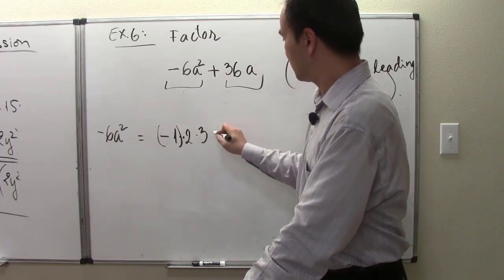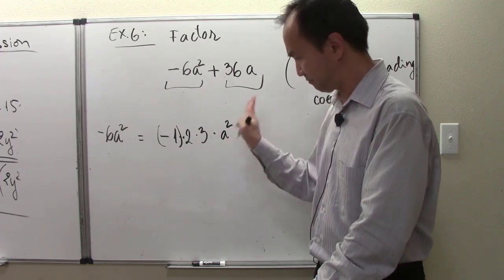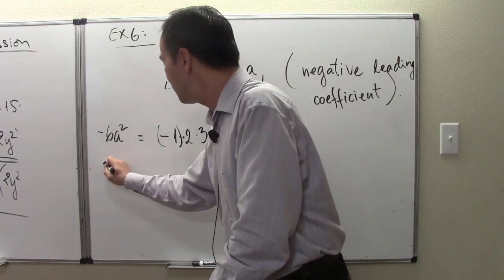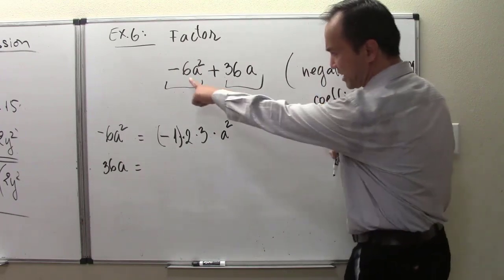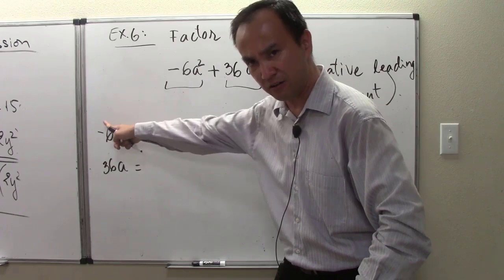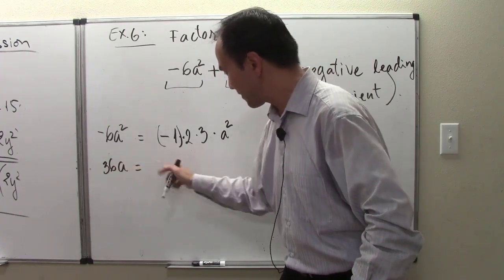And then just like that, the variables, we put them there with the powers correspondingly. The other term was 36a. But since the leading coefficient was negative, now we recognize a negative sign in one of the terms here, so let's also see this as negative.